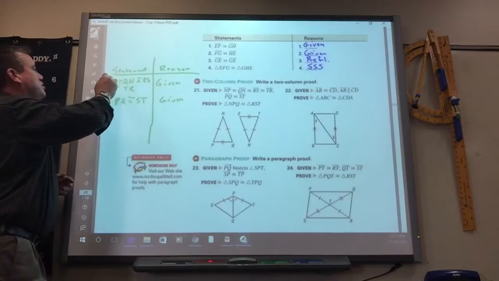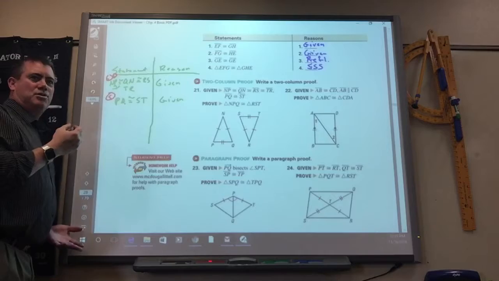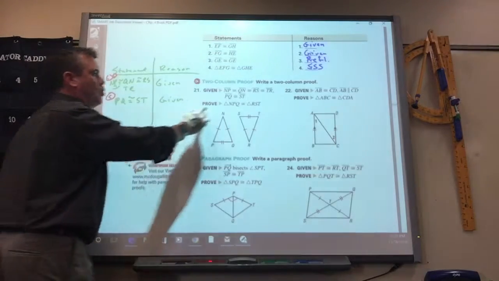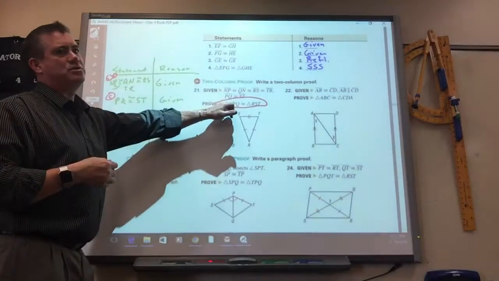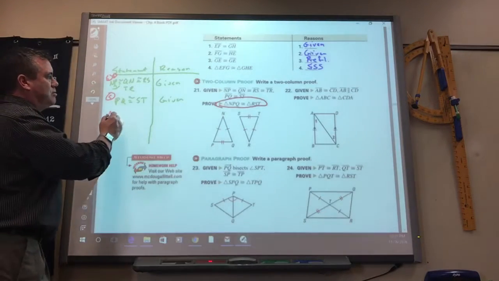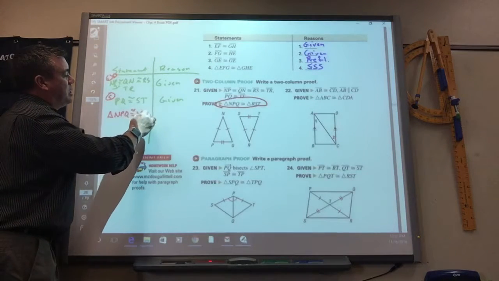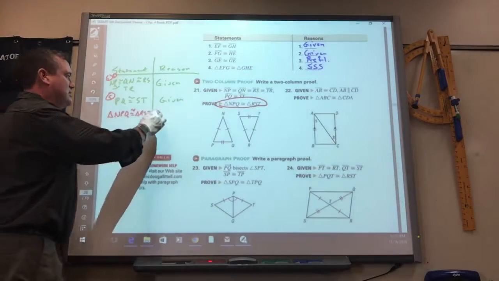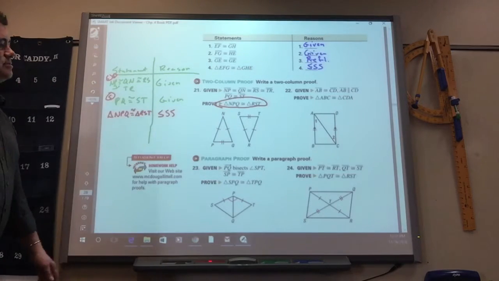So this one gave us two sides. This one gives us another side. So we have enough now. We can put the prove in there. So remember, the prove always goes last, whatever they ask you to prove. Because of SSS. So that's the absolute easiest because they gave you everything.